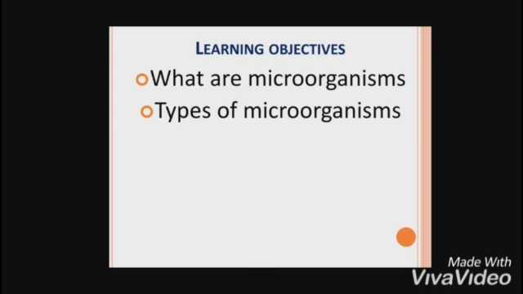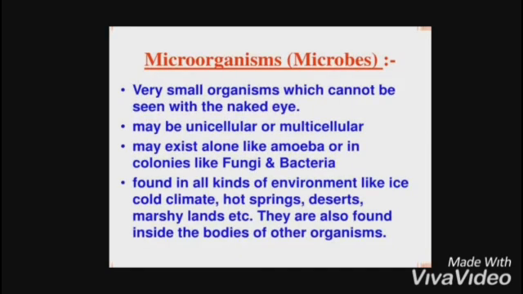In the first part, we are going to see what are microorganisms and the different types of microorganisms. Now what are microorganisms? Microorganisms are otherwise called as microbes. They are very small organisms which cannot be seen with the naked eye. They may be unicellular or multicellular.